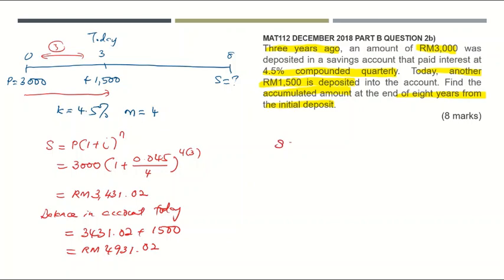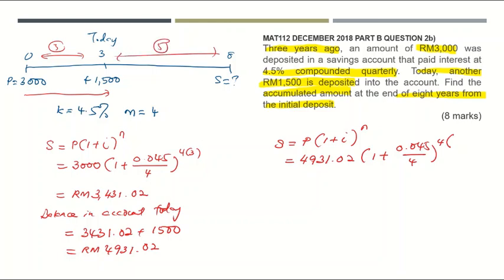S is equal to P times 1 plus I to the power of N. In this case, P is the new balance in the account, 4931.02, multiplied by 1 plus I, which is 0.045 divided by 4, as there's no change in interest rate, to the power of 4, that is M, multiplied by the remaining 5 years, which gives 20.